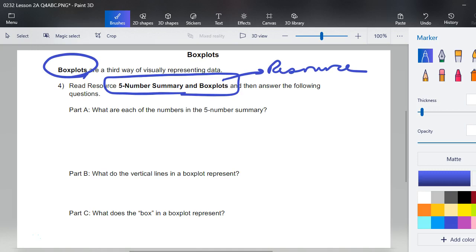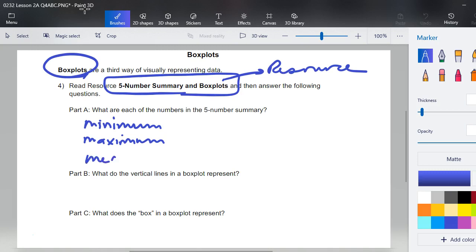So looking at question 4A, what are each of the numbers in the 5-number summary? Those you can take straight off of the 5-number summary resource. It's a good time to start memorizing them. And I like to start with extremes when I'm rewriting them. I like to write down that there's a minimum and that there's a maximum, like a lowest and the highest.